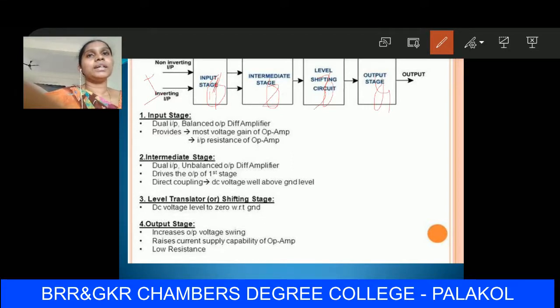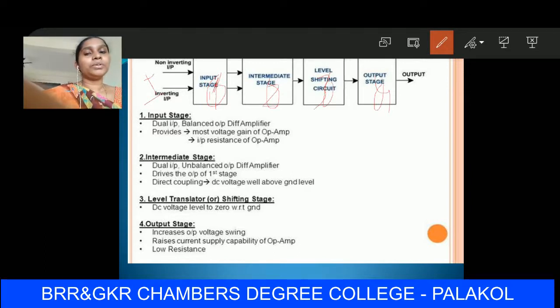So that's why it is a balanced input and balanced output differential amplifier. In this first stage, the input, it is an ideal differential amplifier. So that's why the input impedance is very high. Therefore, the gain of the differential amplifier is also high.